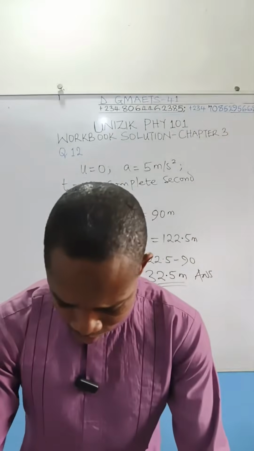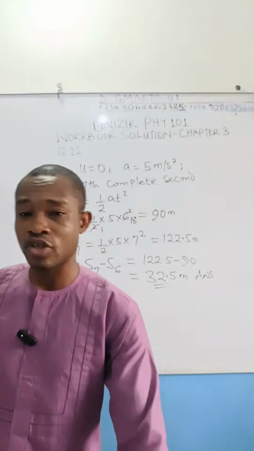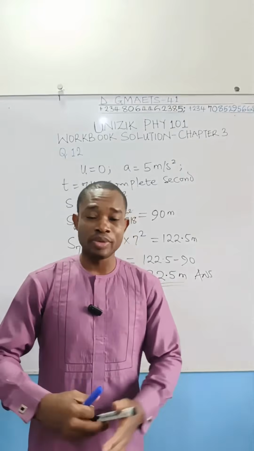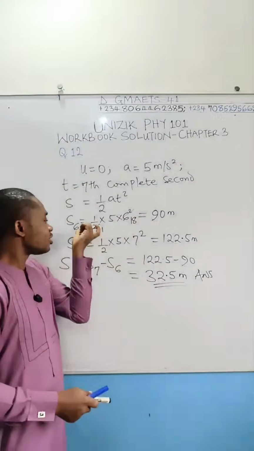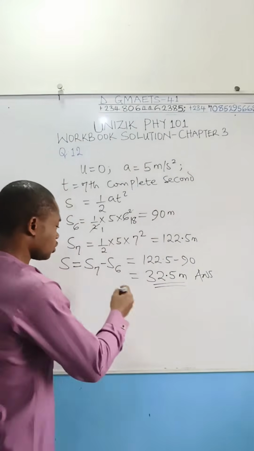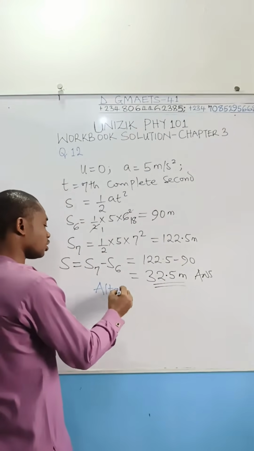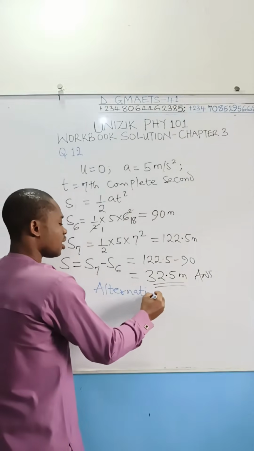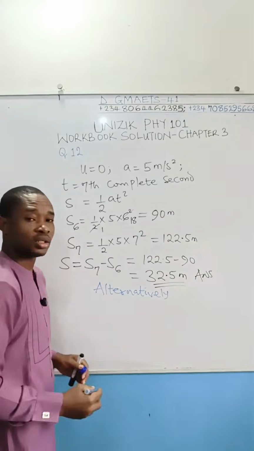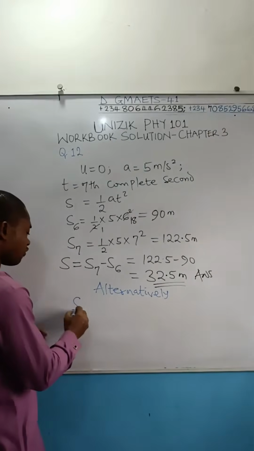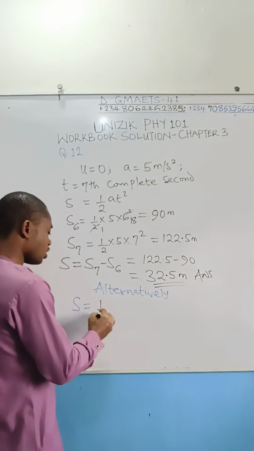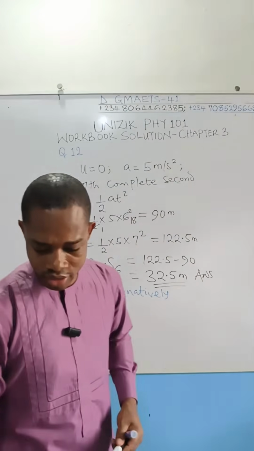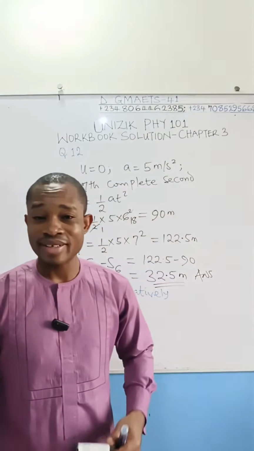Remember, I told you that I'm going to use two methods to solve this question. Now, the second method would be using the formula directly, where I won't consider 6 seconds. So alternatively, I'm going to use a formula that the distance covered is equal to 1/2 times the acceleration.